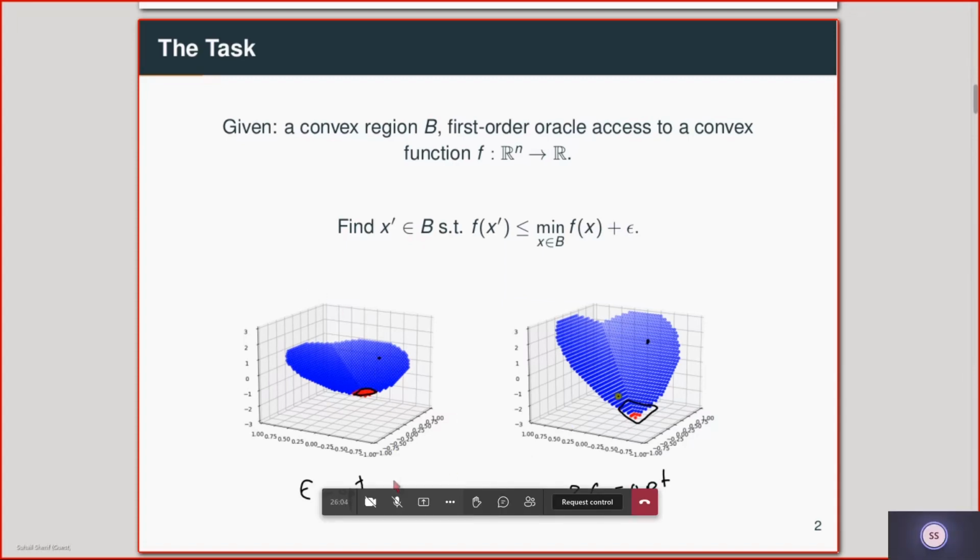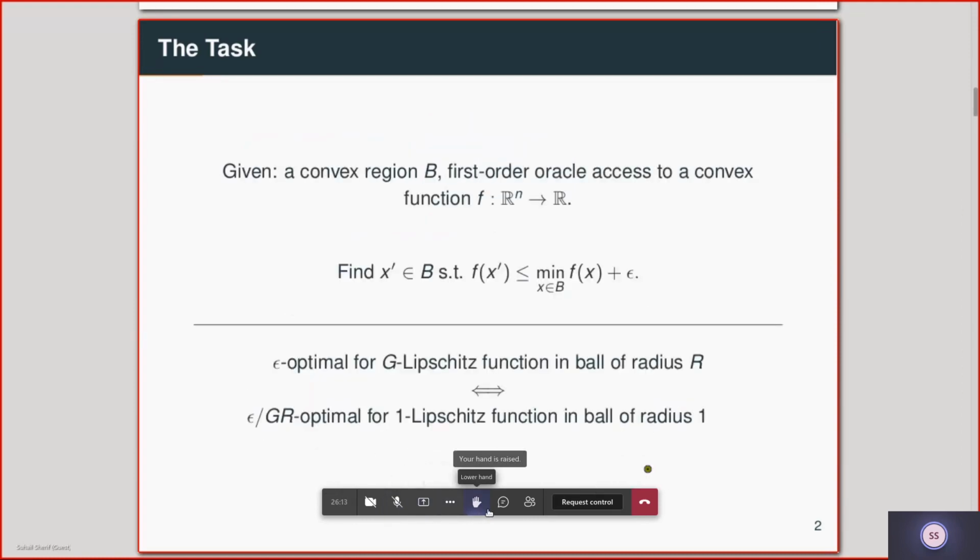Epsilon optimizing on the left side and 3 epsilon optimizing on the right... we notice this is more general.